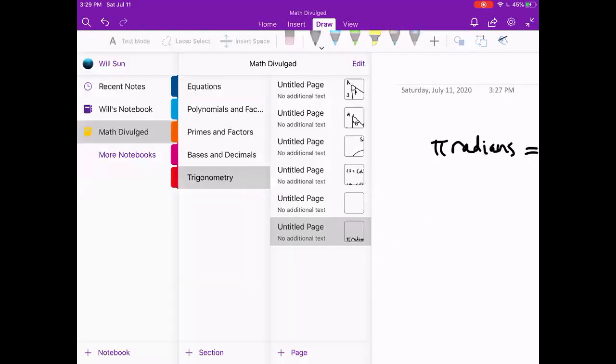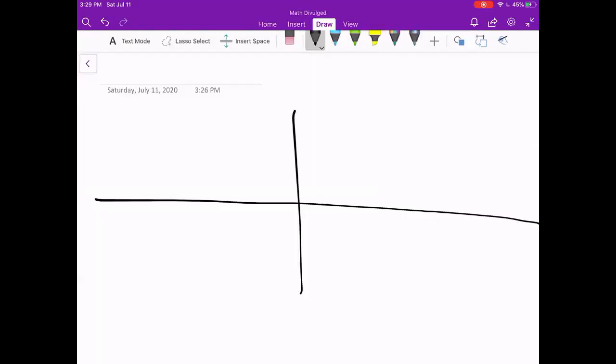So returning back here, we can let this x-axis be the angle, and this y-axis will be the sine of said angle, which we'll say alpha for now.